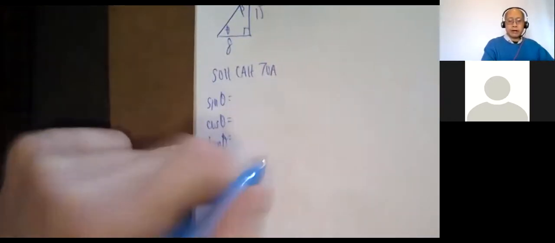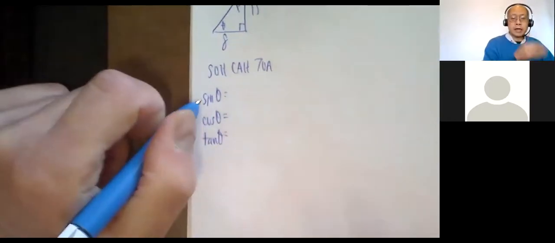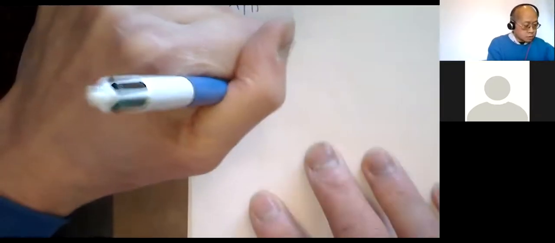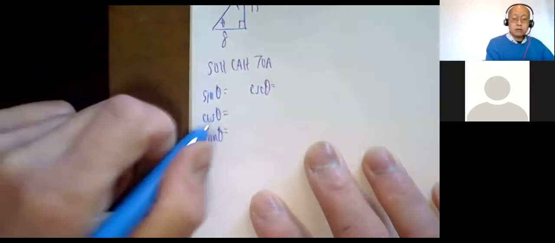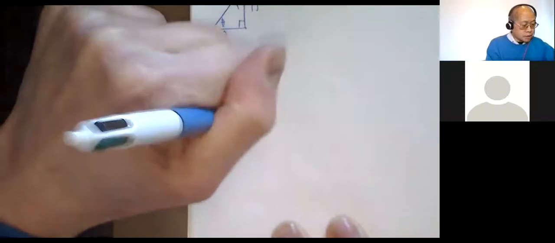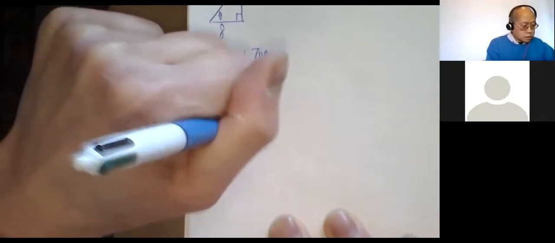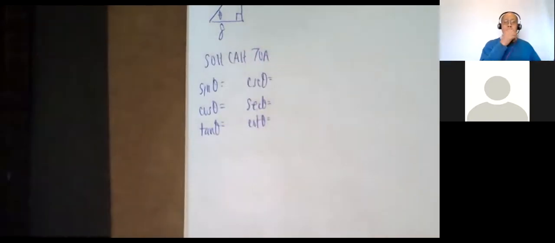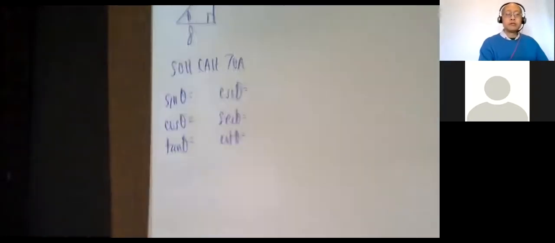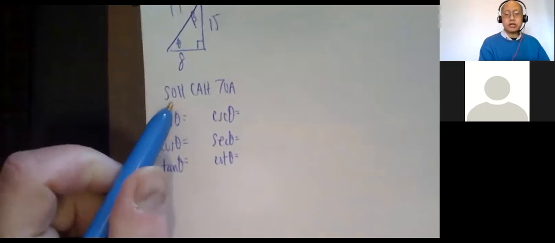Let's always go sine, cosine, tangent, and then the reciprocal right next to it. Reciprocal of sine is cosecant, reciprocal of cosine is secant, and reciprocal of tangent is cotangent. Then you may put SOHCAHTOA on your cheat sheet.